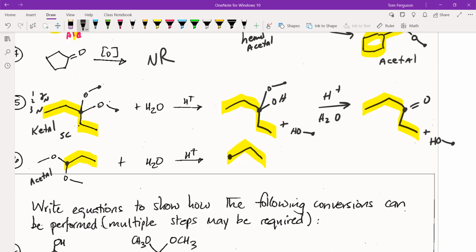So one is going to still be here, and it's going to generate a hydroxyl group. And one of the alcohols.